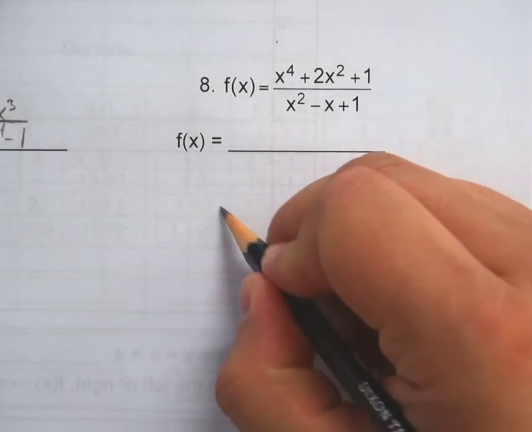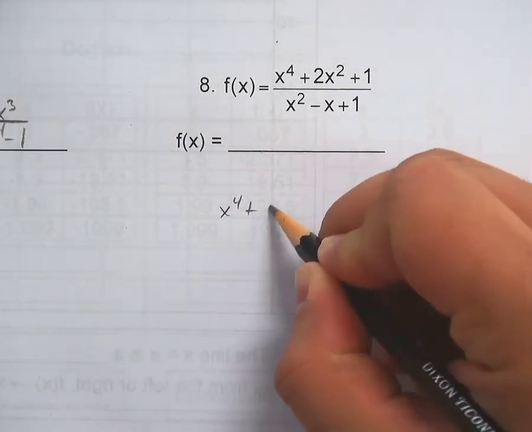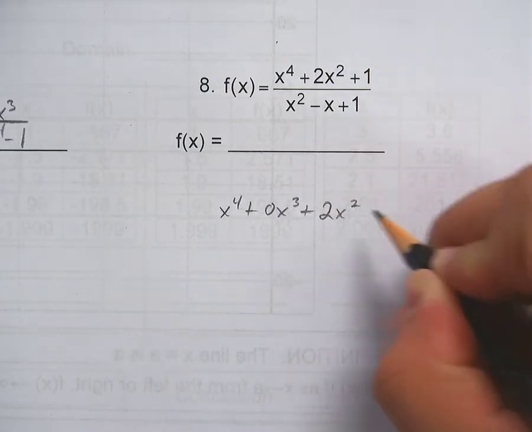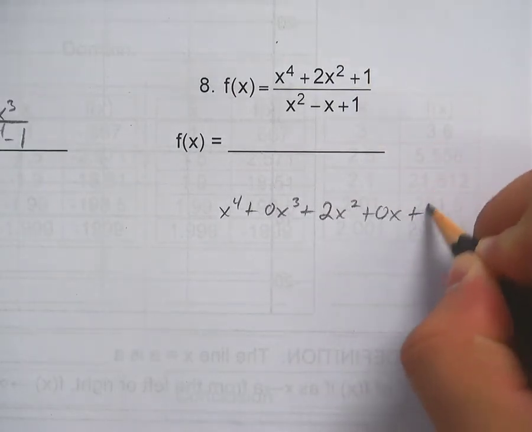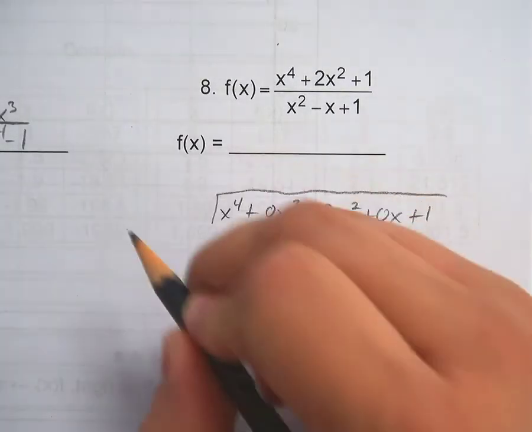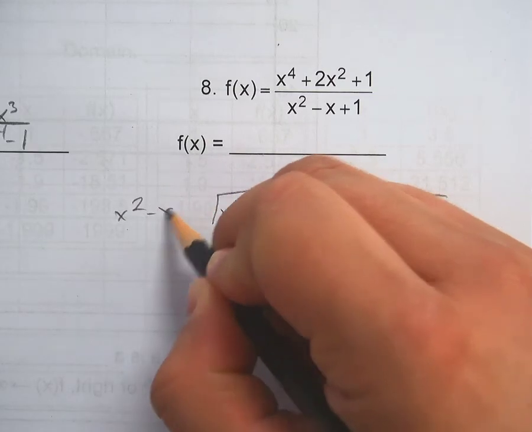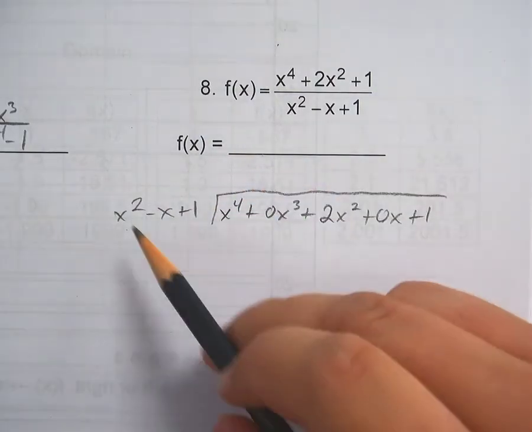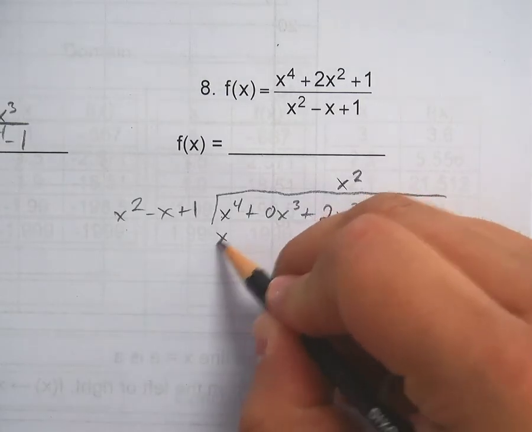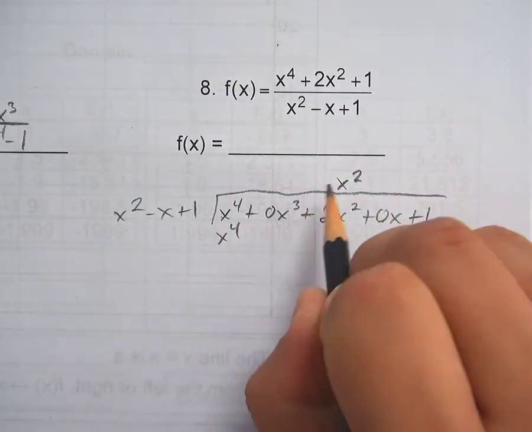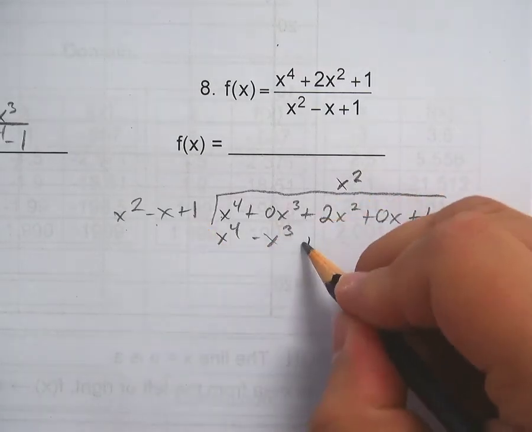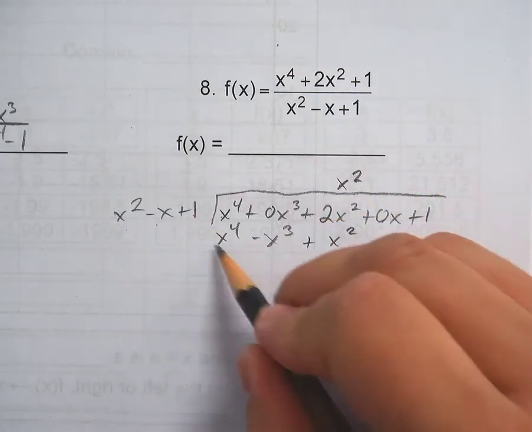I've got x to the 4th plus 0x cubed plus 2x squared plus 0x plus 1, and I'm dividing by x squared minus x plus 1. So x squared into x to the fourth, I'm missing x squared. We've got x to the fourth, negative x cubed, positive 1x squared.